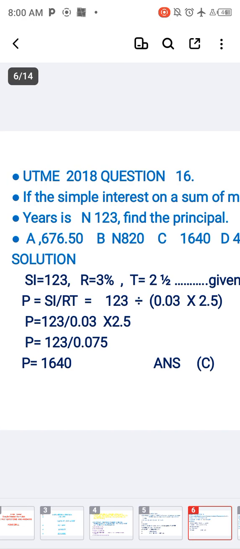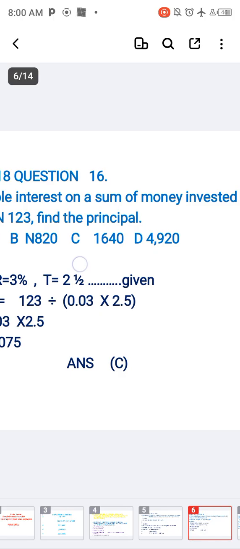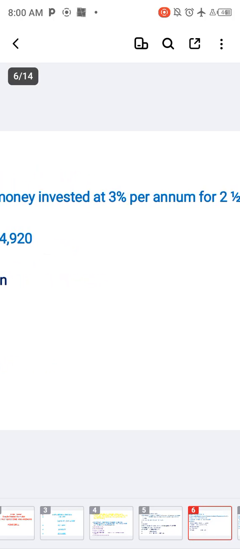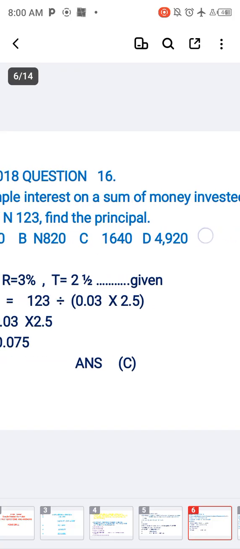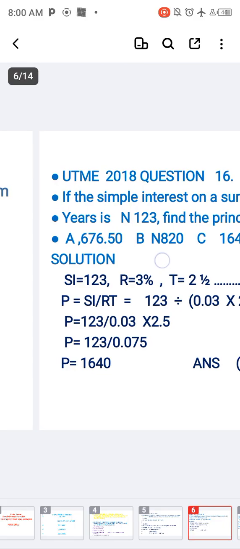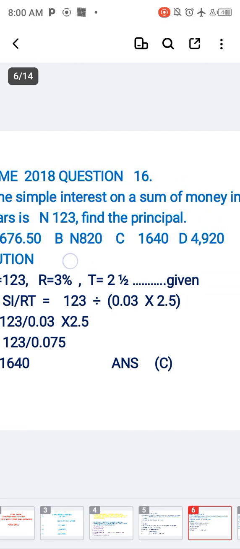Let's proceed to the next question. Now the next question is question 16, 2018. Question 16 of 2018. If the simple interest on a sum of money invested at 3% per annum for 2.5 years is 123 naira, find the principal.